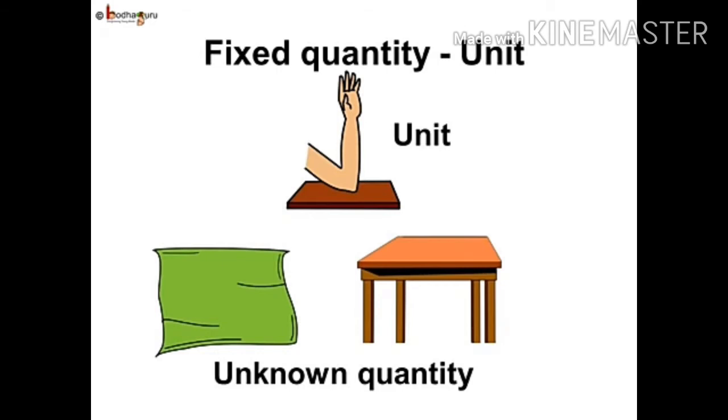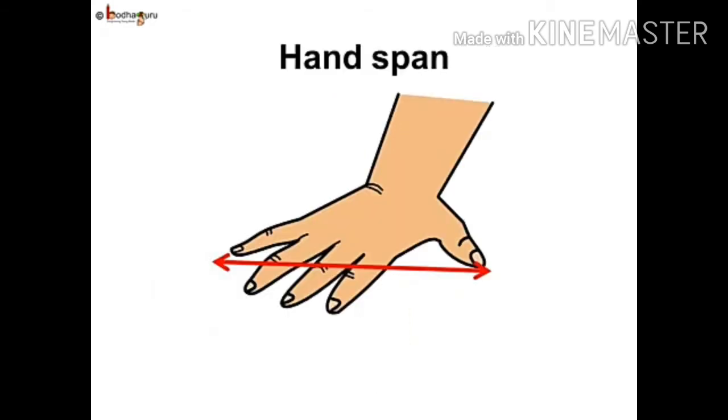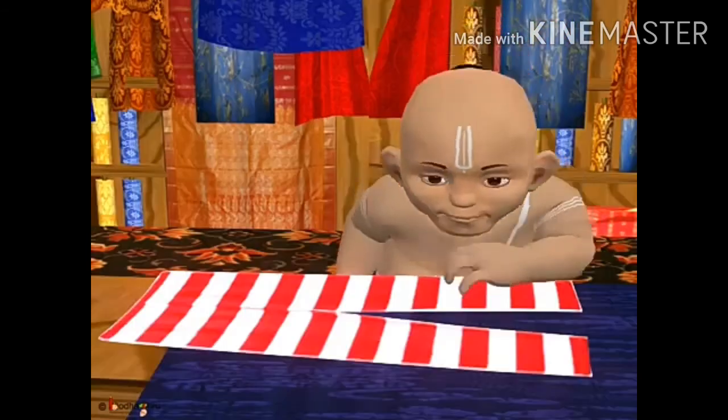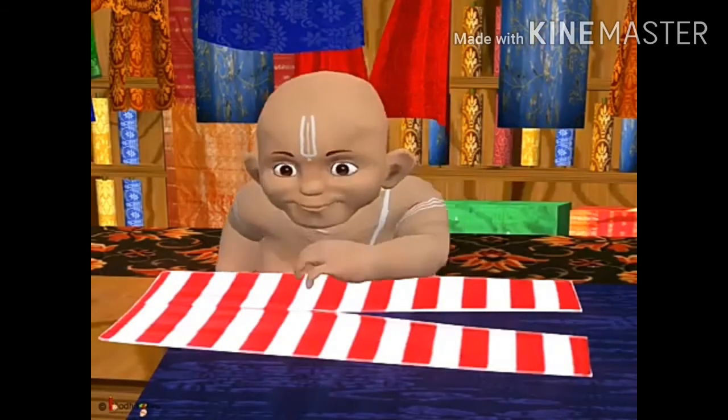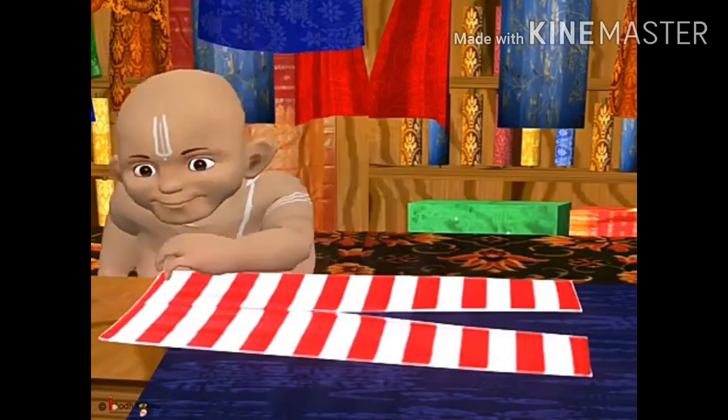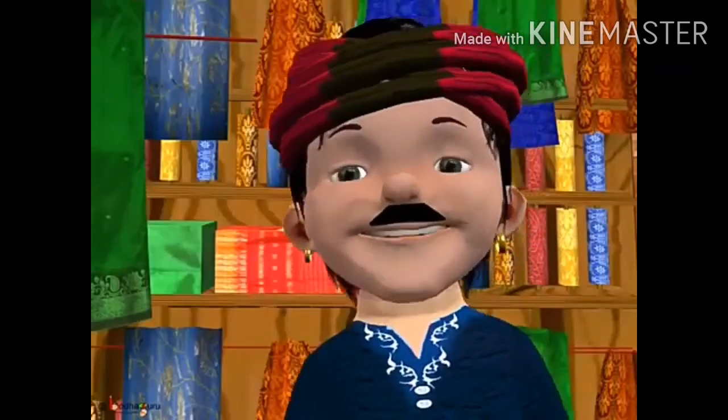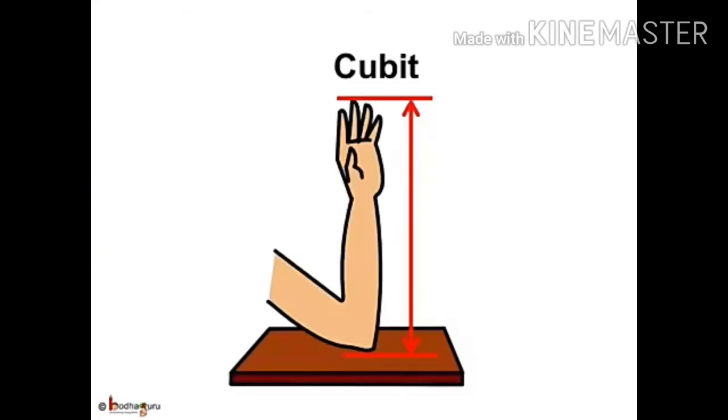You know, in the olden days, this was how things were measured using different body parts. In one method, they measured the distance between the tip of the thumb and the tip of the little finger of a fully stretched hand. This unit was called hand span. You know what the villager was referring to when he said 3 hands? He measured the distance between the tip of the middle finger and the elbow.